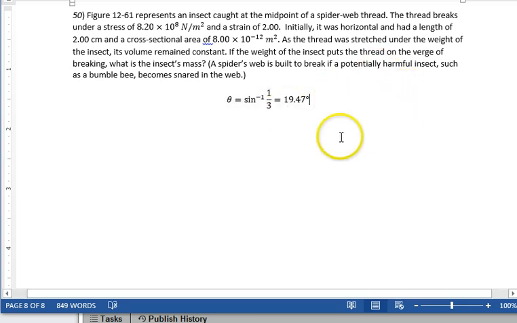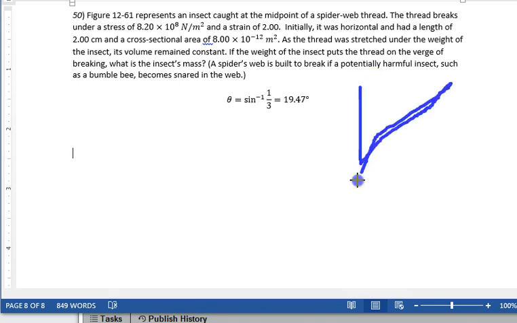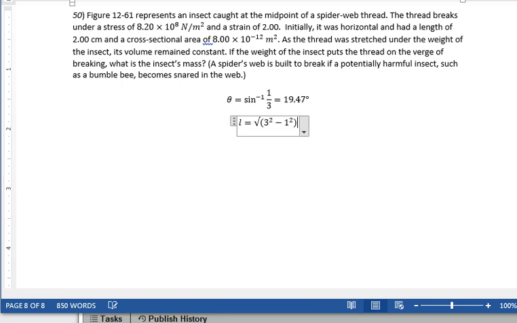Make sure I got that right. We have our vertical, that's 3, that's 1, and 19.47 degrees, or 19.5 degrees, is what we're getting for that angle right there. And then the length of the other side, just call it L, is the square root of 3 squared minus 1 squared, which is the square root of 8.